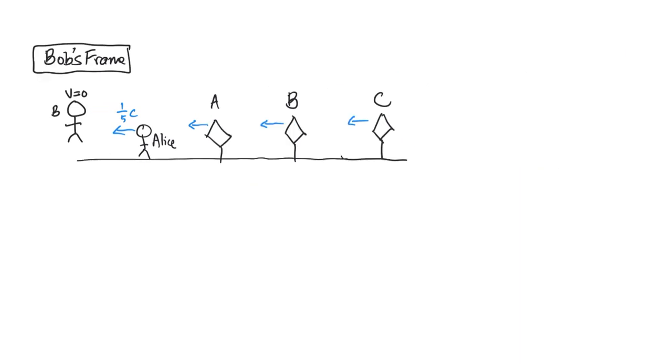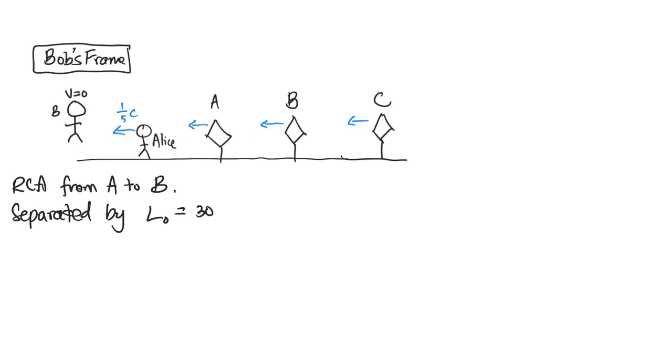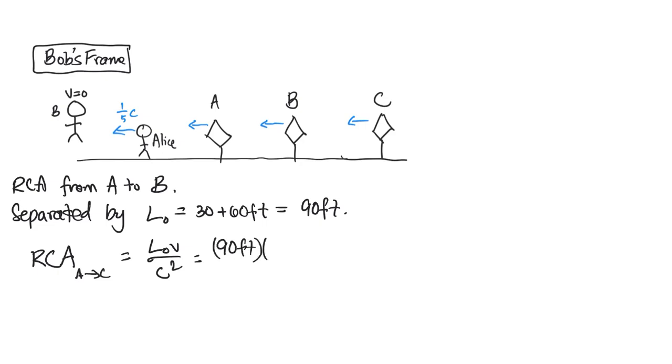Okay, so let's look at the RCA from A to C. They're separated by a rest length distance of 30 feet plus 60 feet, or 90 feet, and they're moving at 1/5 C. So the RCA between clocks A and C is equal to L naught V over C squared, or 90 feet times 1/5 C, 1/5 of a foot per nanosecond, divided by 1 foot per nanosecond quantity squared.